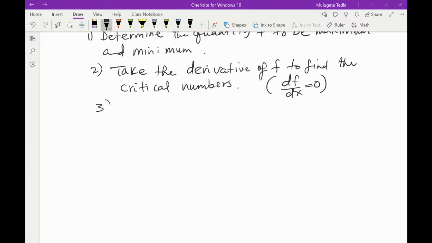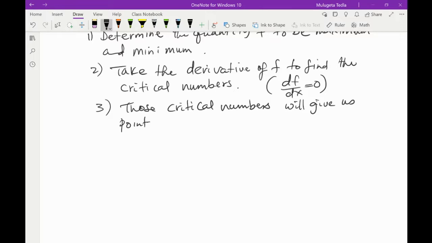And then those critical numbers will give us points of local minimum, maybe for technical purpose, and maximum.